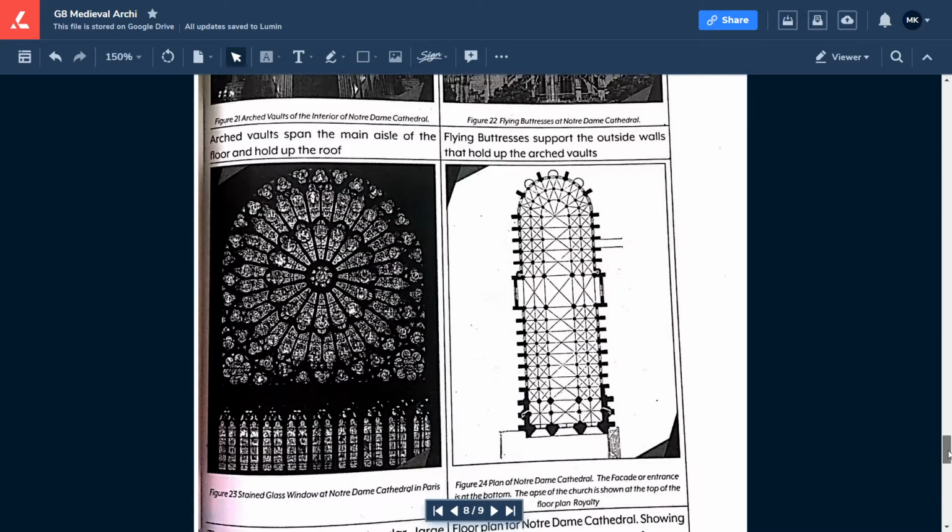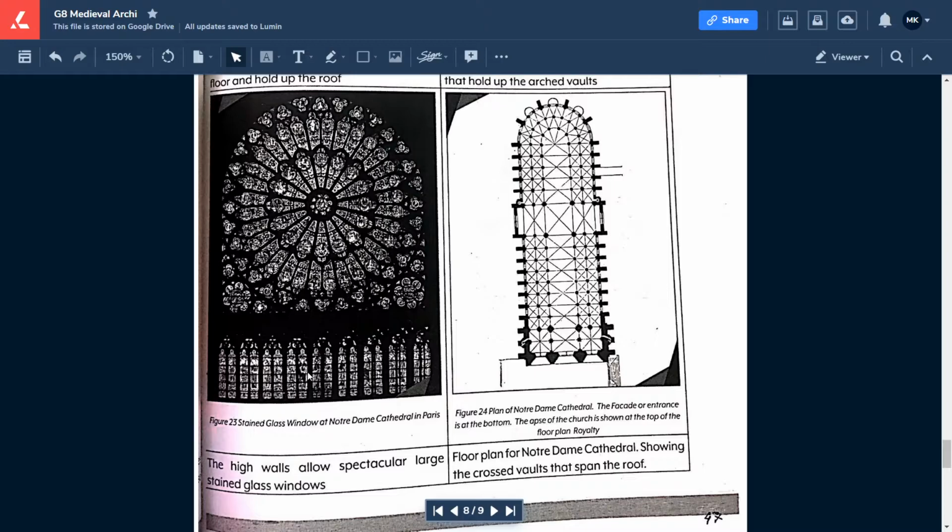Let's see here. Here is the stained glass window of Notre Dame. The high walls allow spectacular large stained glass windows. Also, we said that it gives a chance for the sunlight to enter as much as possible. Here, let's read.